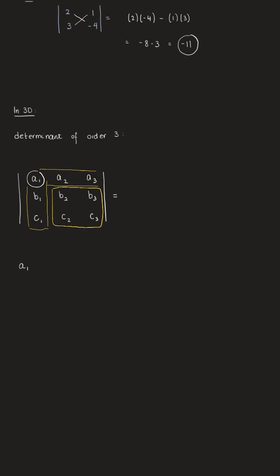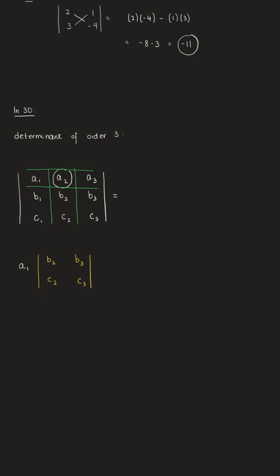So we get A1 times the determinant that has components B2, B3, C2, C3. All right, there's more. Now we're going to imagine that we block off A sub 2, and also ignore the row that contains A2 as well as the column that contains A2.